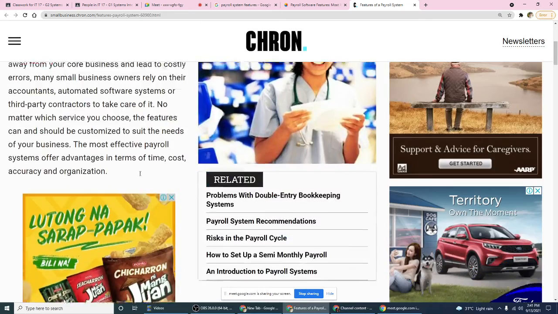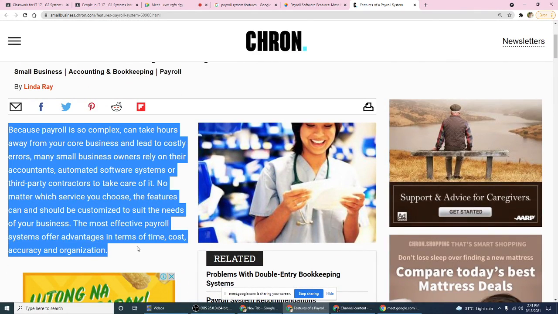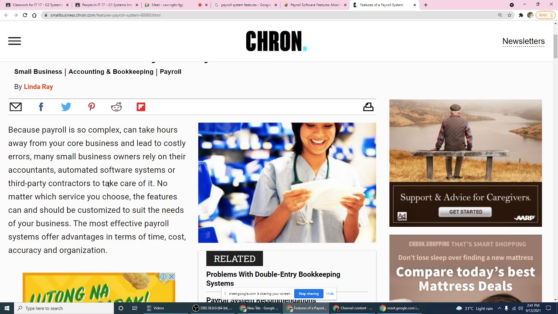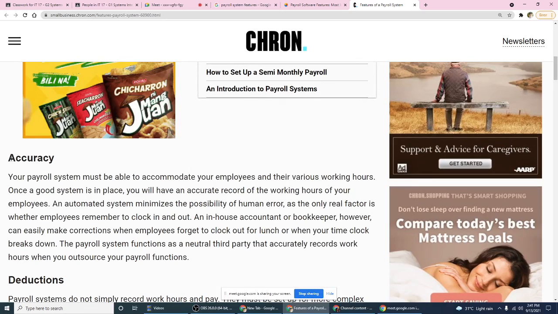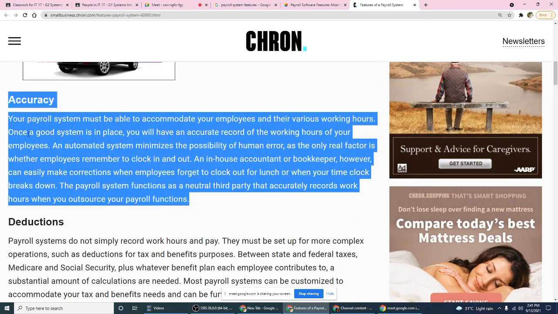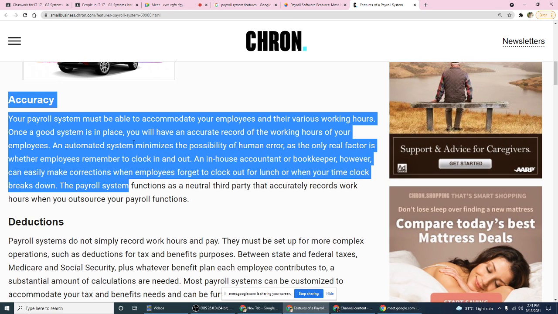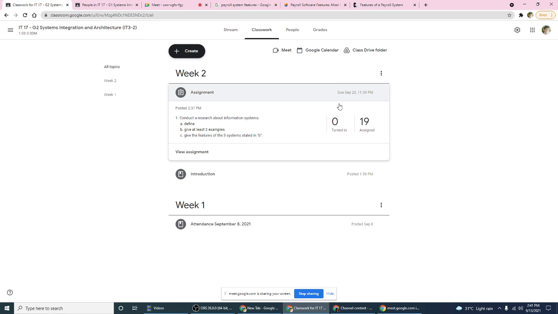So it depends on you. Maybe you can put some negative things or problems encountered in the system, or you can also give the solution, which is the features of your system. Okay, so that is your activity. Deadline is September 20.